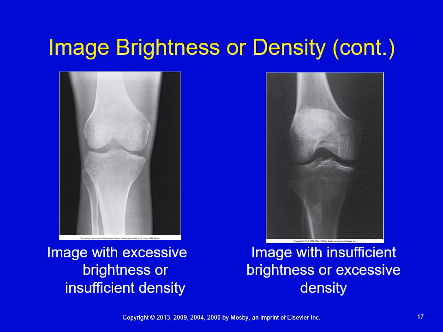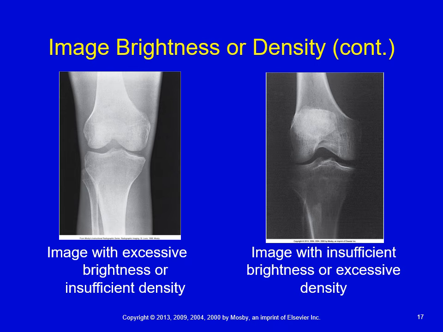In either case, these might be potentially repeats if we're talking about the film screen world. The one on the left would require us to increase the mAs, where the one on the right would require us to decrease the mAs, potentially cut it in half because it would be considered overexposed.